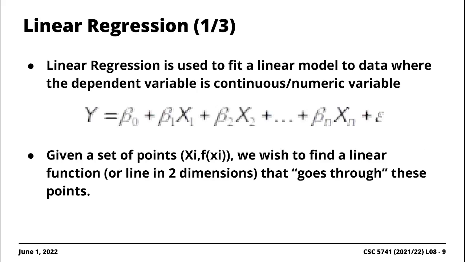So what you do as part of linear regression really is you fit a linear model to the data that you're working with. So this would be the independent variables and dependent variables, and the dependent variable is usually continuous or numeric in nature. So given a set of points representing the labeled data set, we would be interested in finding a linear function that goes through the points, ideally.